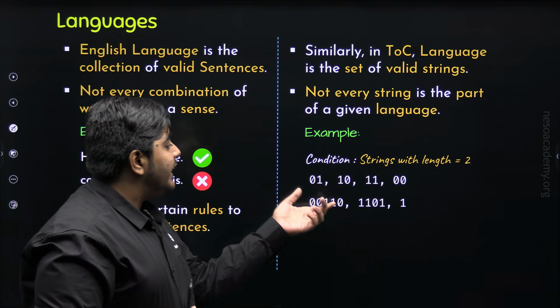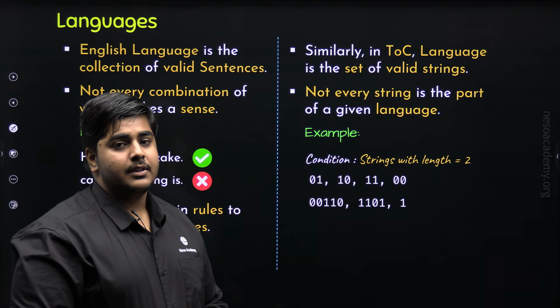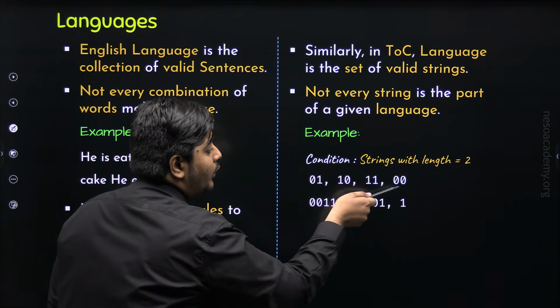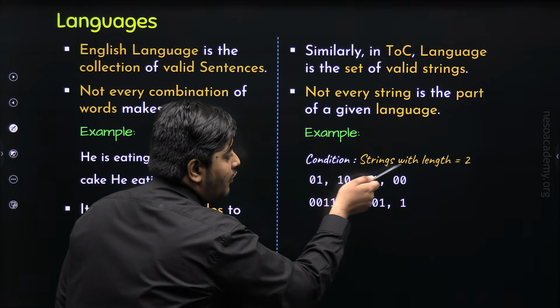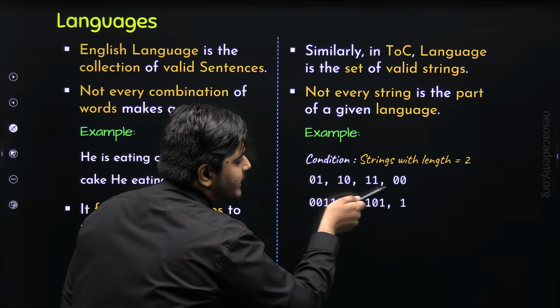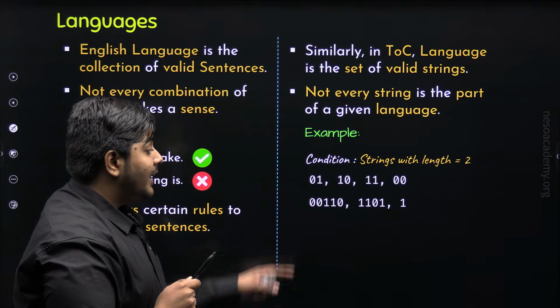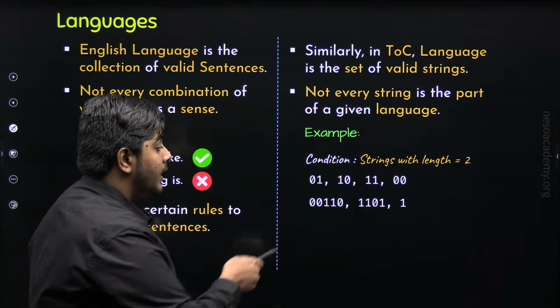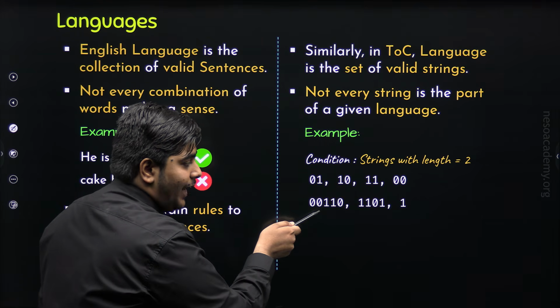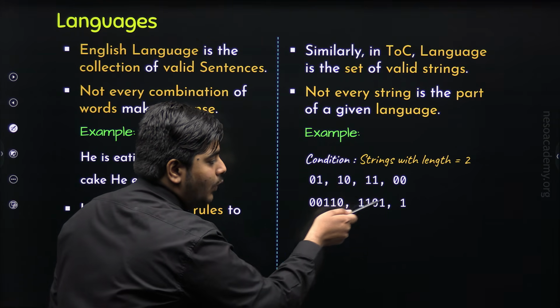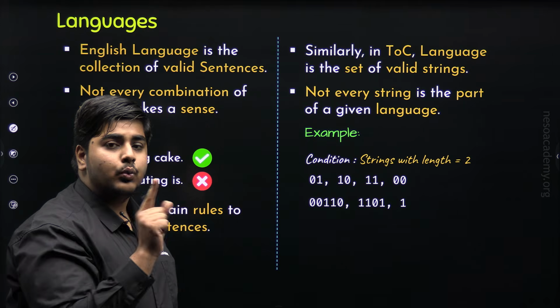So here I have taken 2 sets of strings. The first set only contains strings of length 2. You can clearly see all the strings have length equal to 2. But in the second set of strings, this string has length 5, this string has length 4, and this string has length 1.